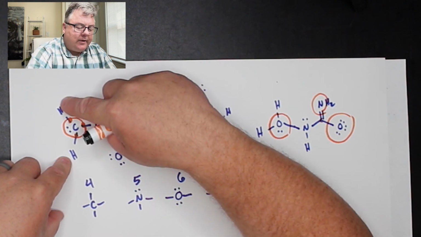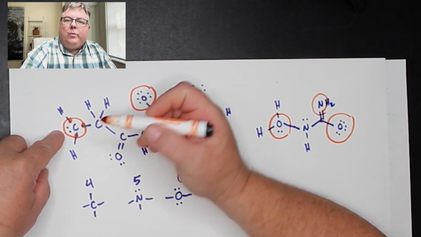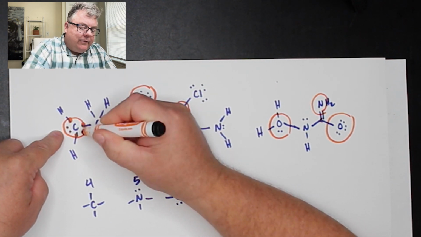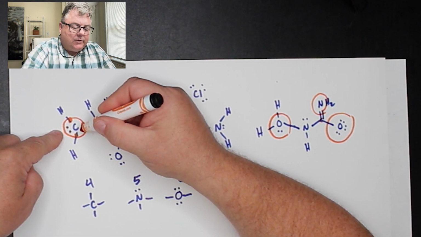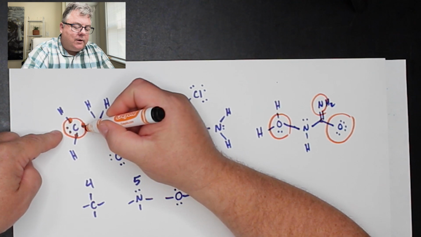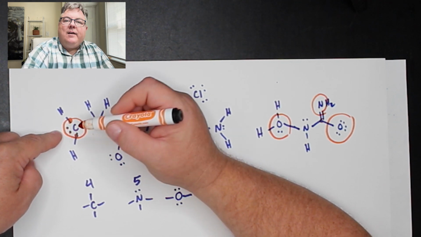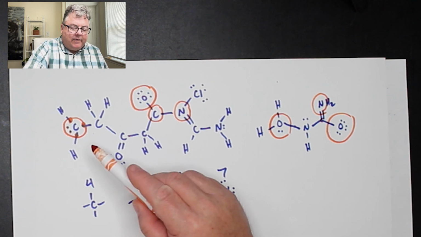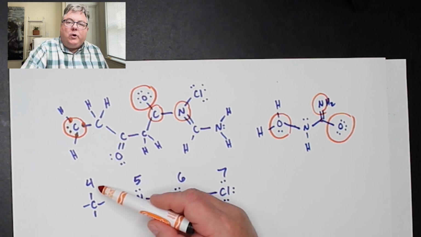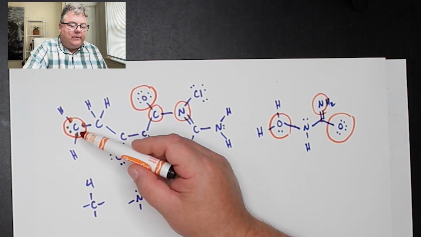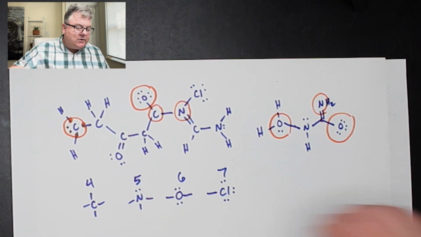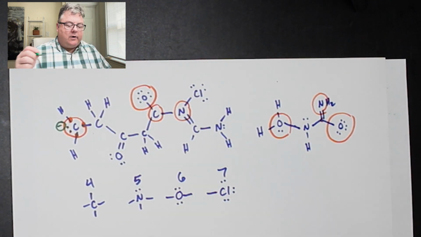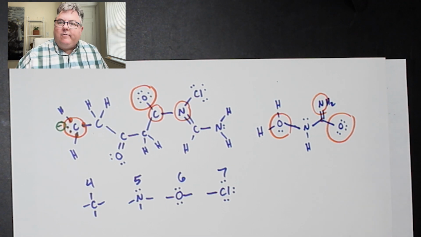So this carbon has 1, 2, 3 electrons from bonds, plus this lone pair. So this carbon atom has 1, 2, 3, 4, 5 negative electrons around it. Carbon normally has 4 negative electrons. So this carbon has 1 extra negative electron, so it has a -1 formal charge.